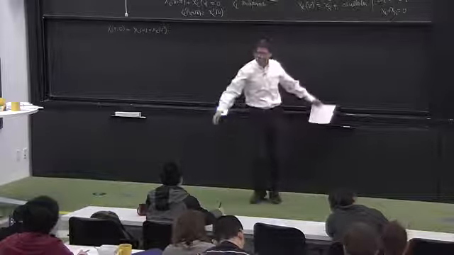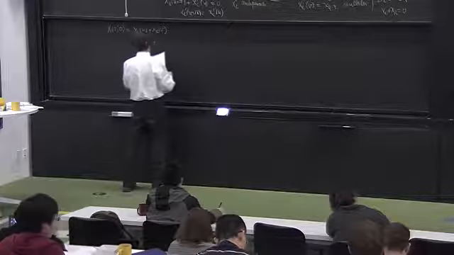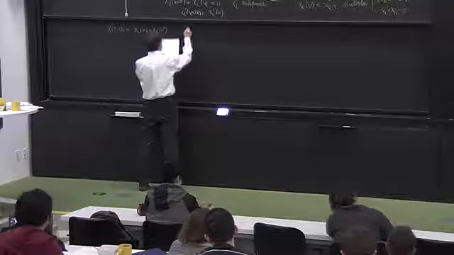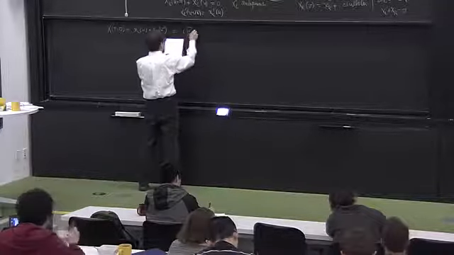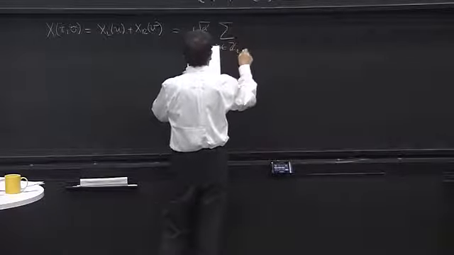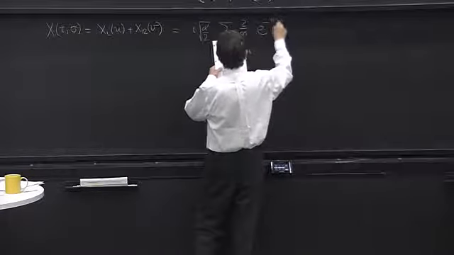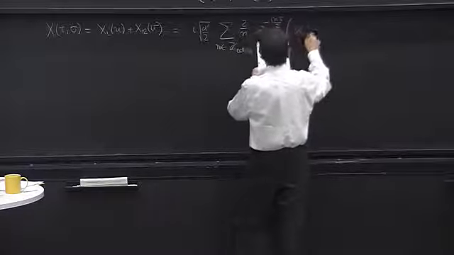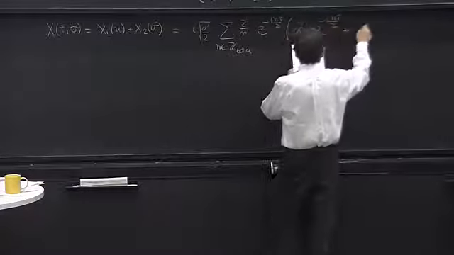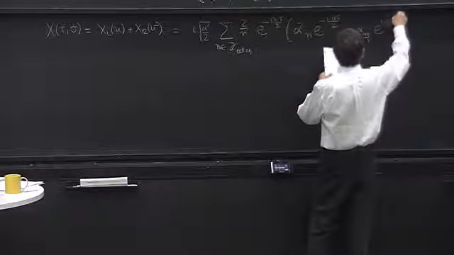So you don't get a 0 mode. And that's perfect. You get just the result of those integrals that we just didn't do, but take one line to do. Sum over n belonging to z odd, 2 over n, e to the minus i n tau over 2, alpha n bar e to the minus i n sigma over 2 plus alpha n over 2 e to the i n sigma over 2.